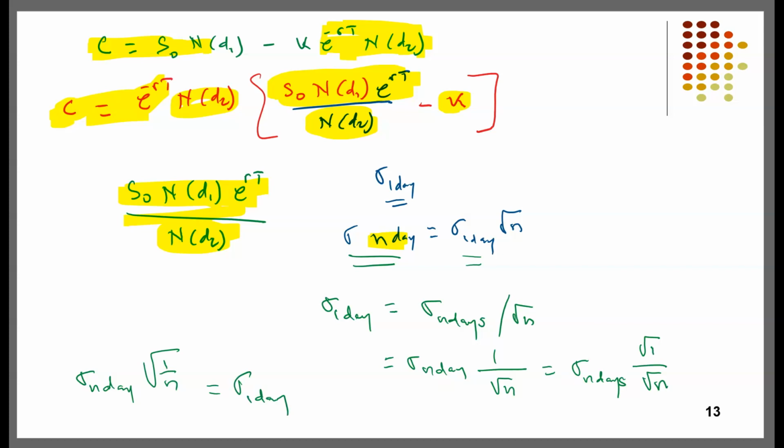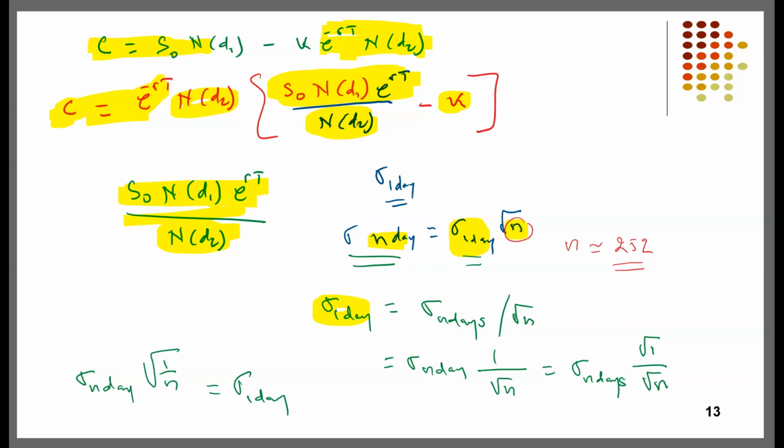If you have the daily standard deviation and you want to find the annual standard deviation, you multiply by the square root of the number of days in the year. Typically in practice we use the number of trading days, so n is typically equal to 252 because we're using 252 trading days in the year.